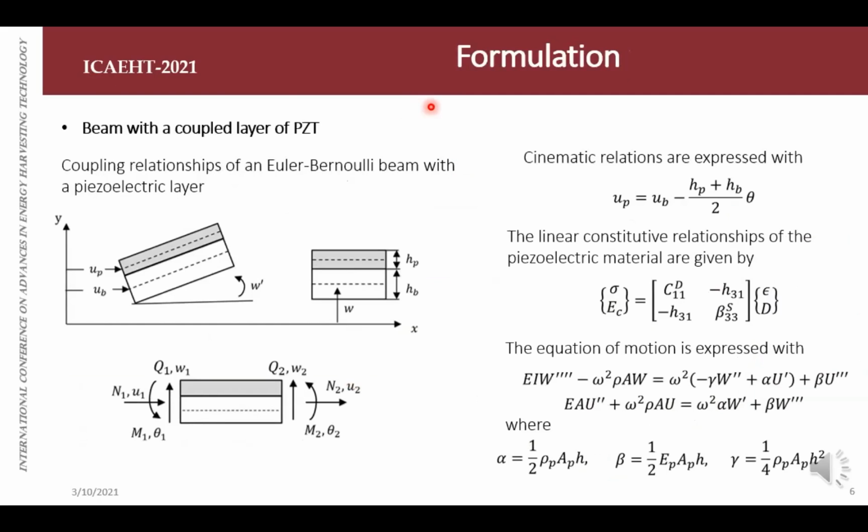The formulation for a beam with a coupled layer of piezoelectric can be obtained from the coupled relationships of a beam element with the bar element, representing the piezoelectric. The kinematic relations associated with the constitutive relations of the piezoelectric material can express the general equations of motion.